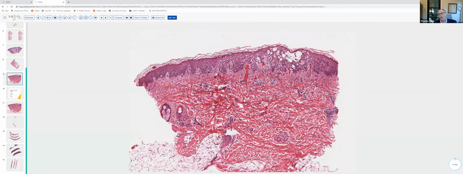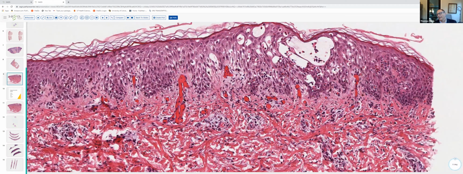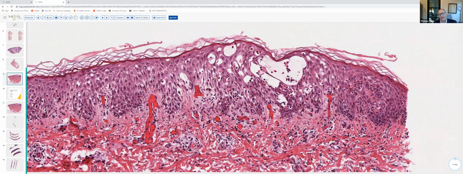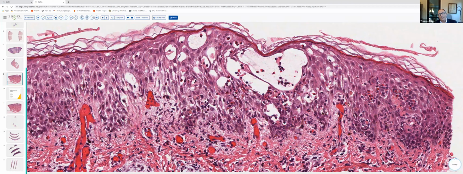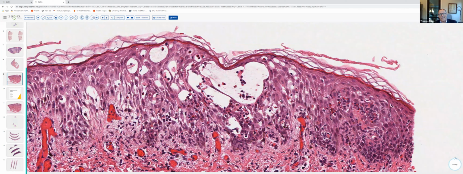And if we look at the epidermis, we can see that it is mildly acanthotic. And there is evidence of epidermal spongiosis with extension of lymphocytes and numerous eosinophils into widened intercellular spaces. There are also a few dyskeratotic cells in the epidermis. And so what we have here is spongiosis with eosinophils, or eosinophilic spongiosis.